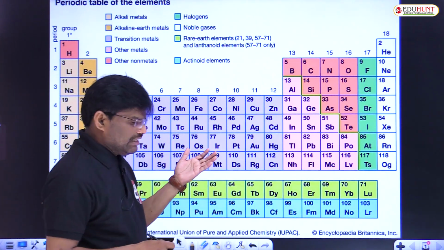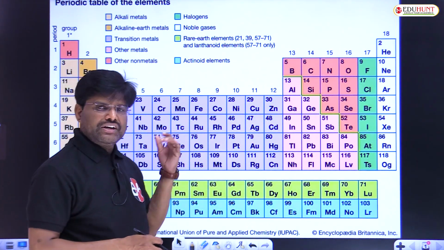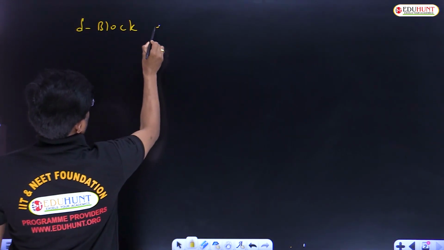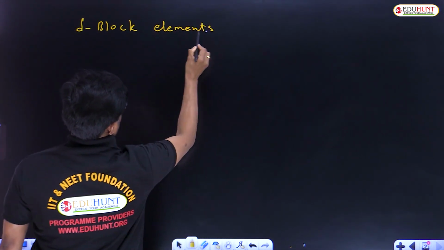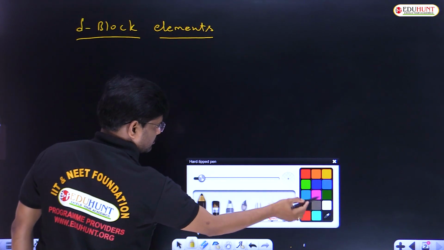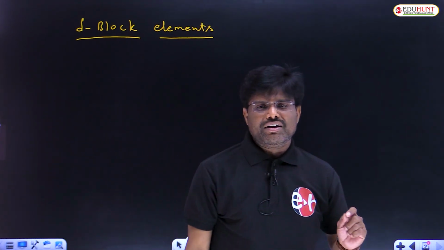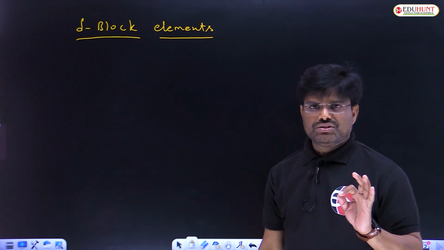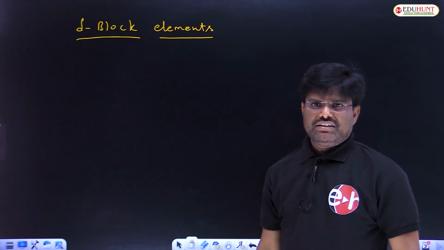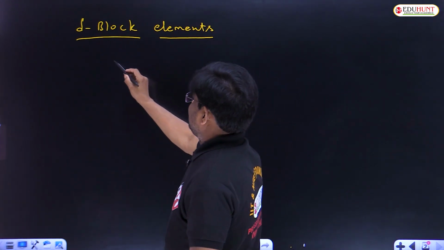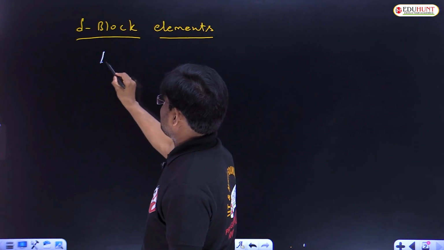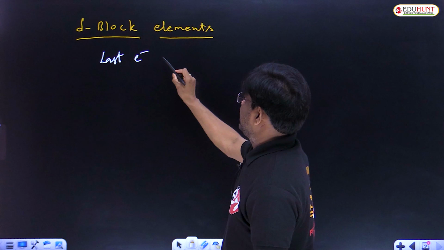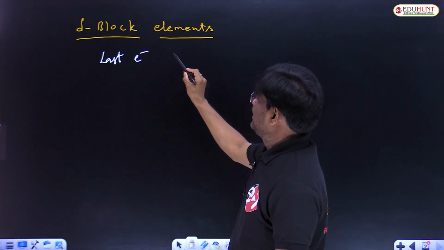So I will give the electronic configurations of D block elements. The differentiating electron, that means the last electron, enters into the penultimate shell, not the antepenultimate shell.